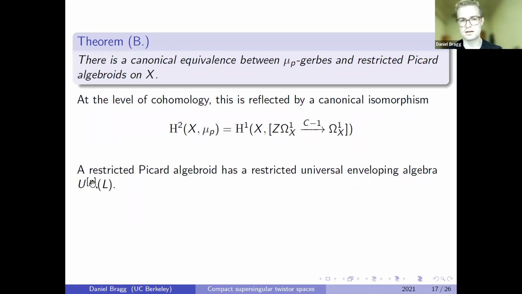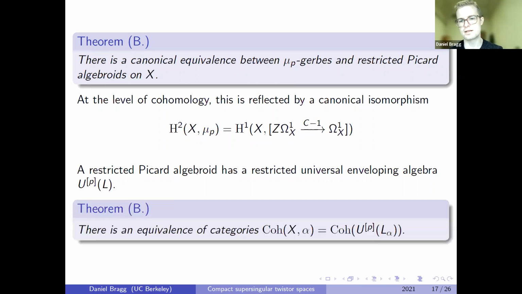This is a variant where you also incorporate this map alpha and this map from OX to L. I think this is the canonical way of saying what's going on: the category of alpha twisted coherent sheaves is equivalent to the category of modules for this restricted universal enveloping algebra.